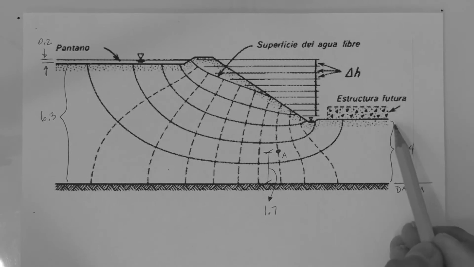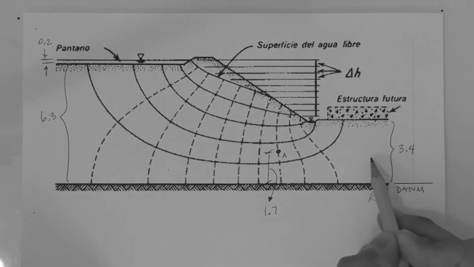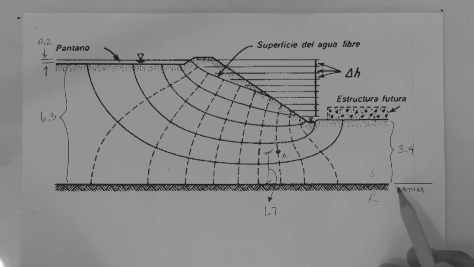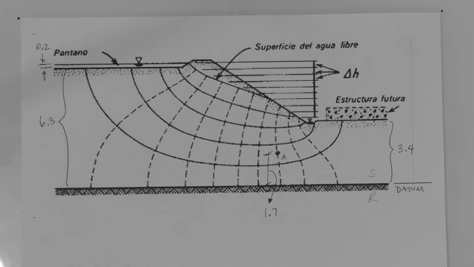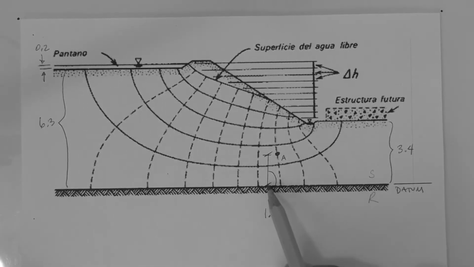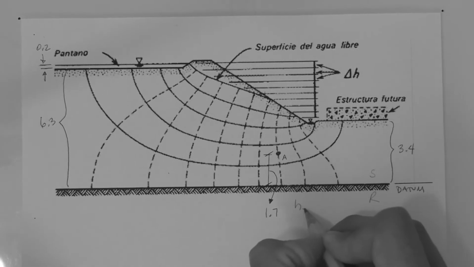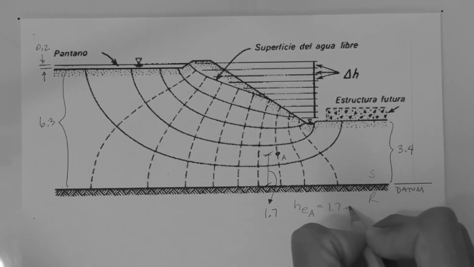On the downstream side, the thickness is 3.4 meters, and we have designated the interface between the rock and the soil as the datum, which is the typical assumption that we make. Point A is located 1.7 meters from the datum. So that right there tells us, by the way, that the elevation head is 1.7 meters at point A.